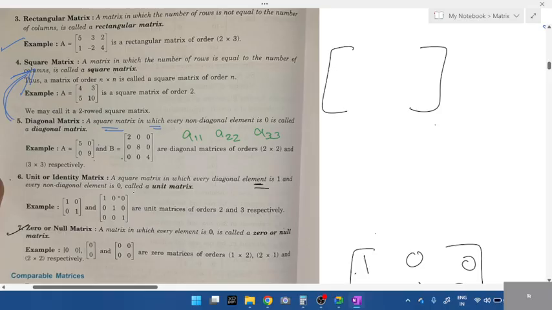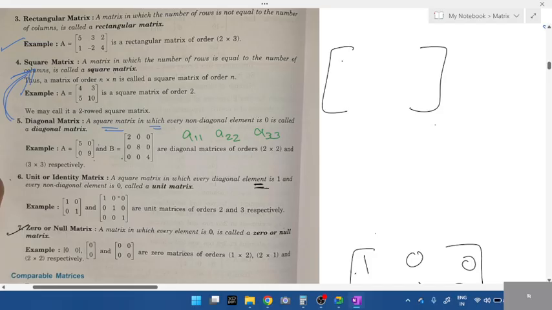Understood what is a unit matrix? Okay, what is a unit matrix, students? Tell me. What is the difference between diagonal and unit matrix? Very good.